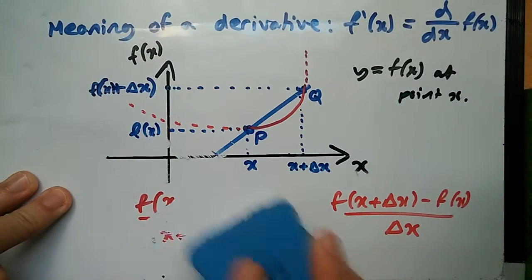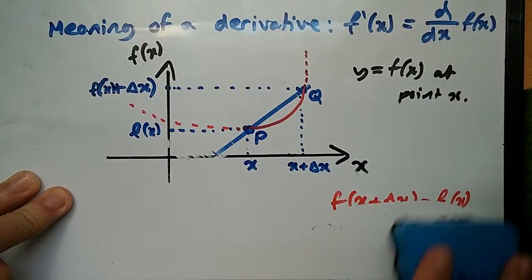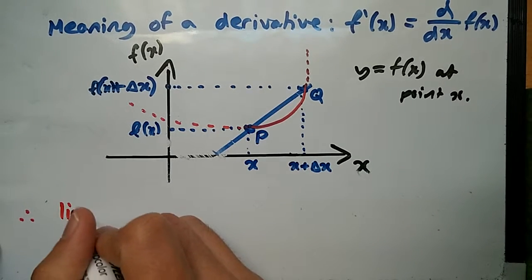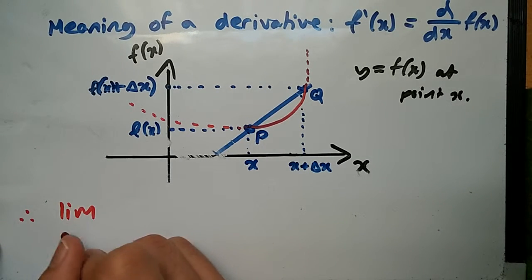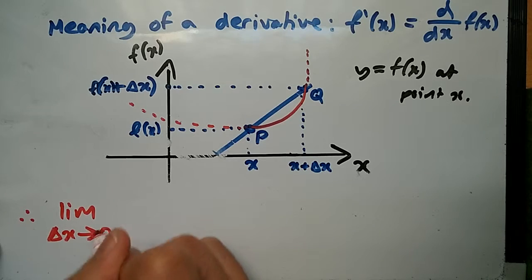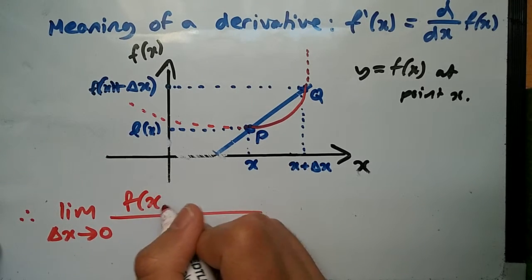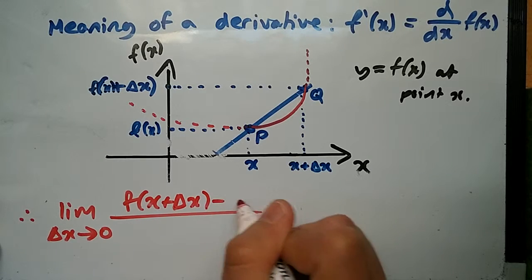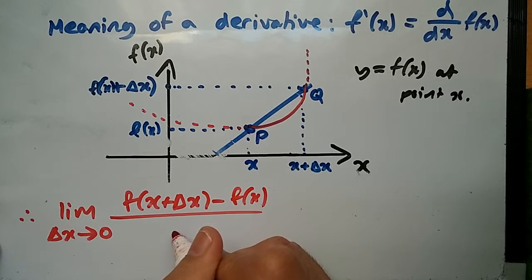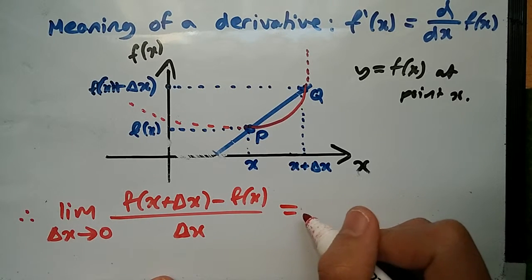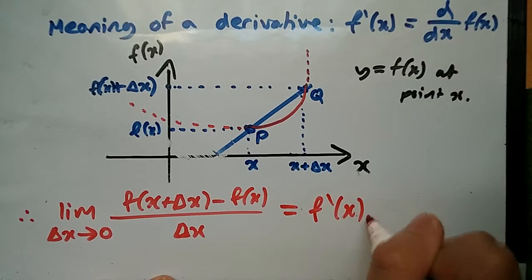Okay, enough yabbering, let me write this on this side. So we say the limit as delta x tends to 0 of f(x plus delta x) minus f(x) over delta x equals the true definition of a derivative.